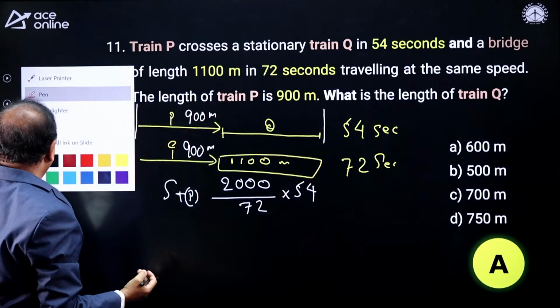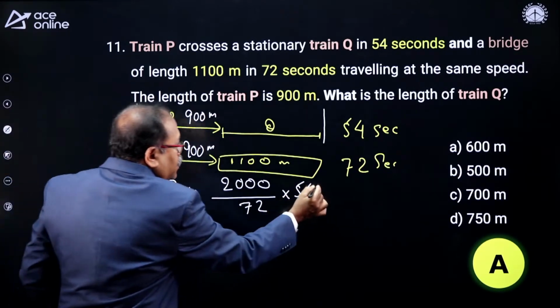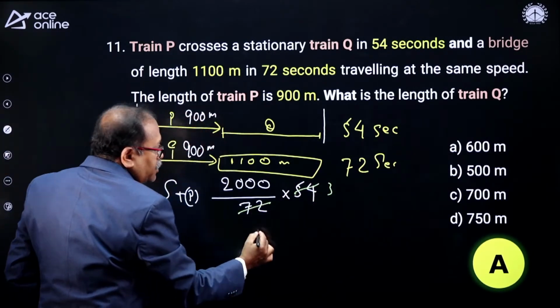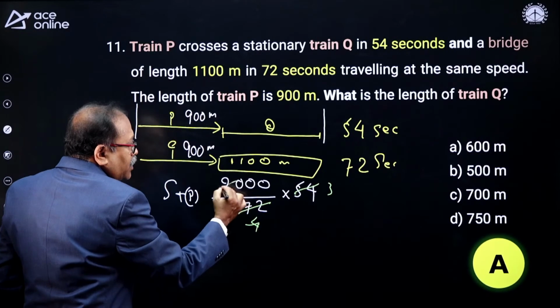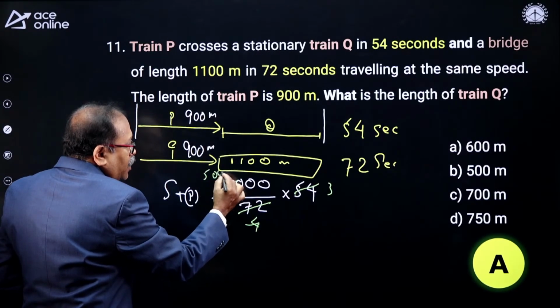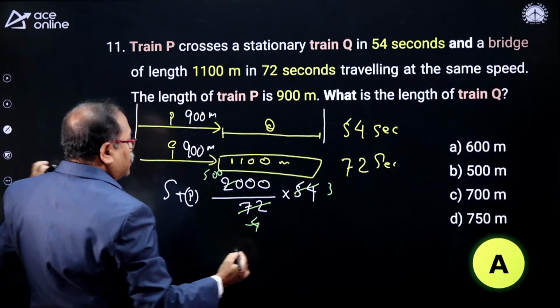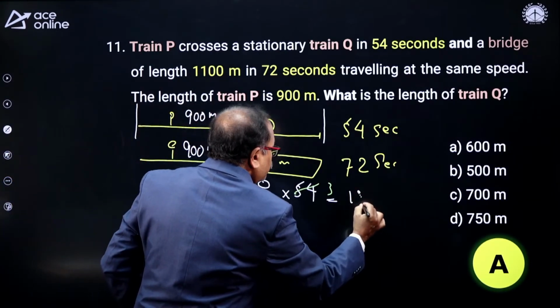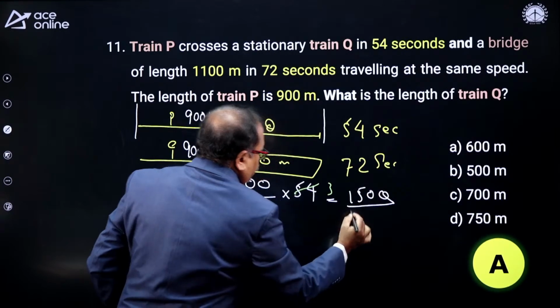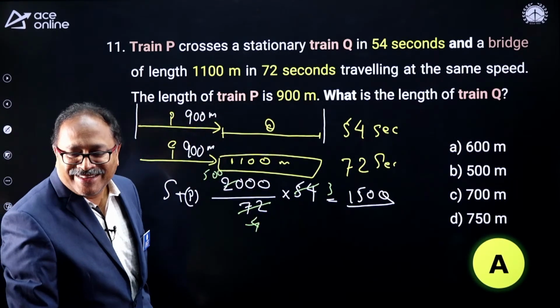Let's cancel this one. With 18, 3 times, and with 18, 4 times, and with 4, that is 500, and 500 into 3 gives us 1500.